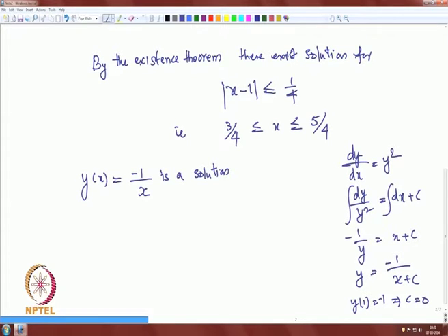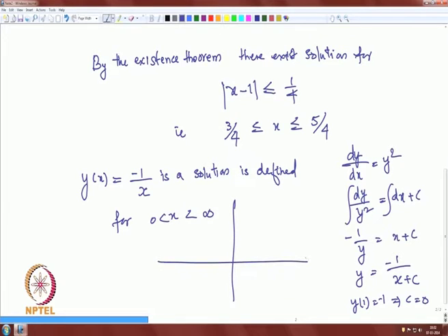But we know that this solution is defined for all x between 0 and infinity.